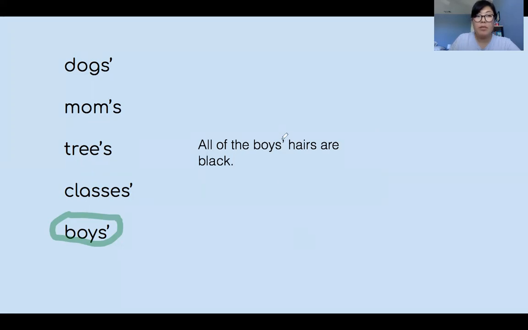There's an apostrophe at the end after the s. Boys, plural noun, and it shows that it's the boys' hairs. So whose hairs is it they're referring to? They're referring to the boys' hairs. So possessive shows the ownership of something.